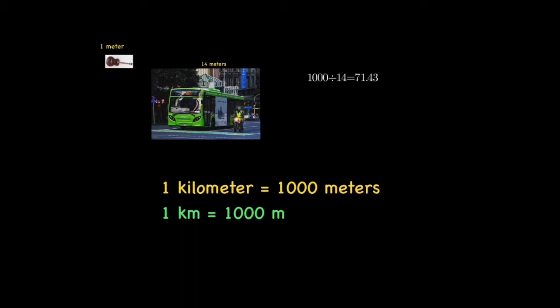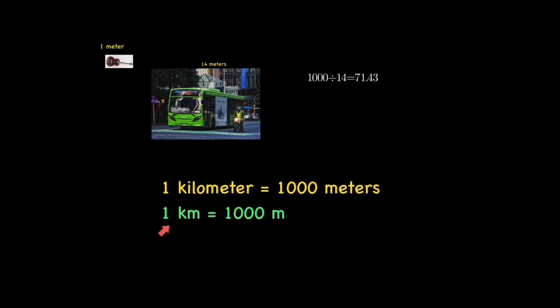The key in converting kilometer to meters is the relationship of the units. Again, 1 kilometer is 1,000 meters, or simply 1 km is equal to 1,000 m.